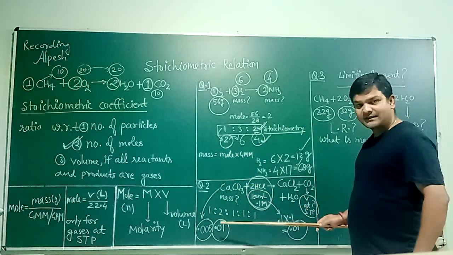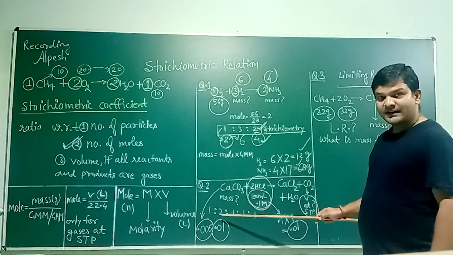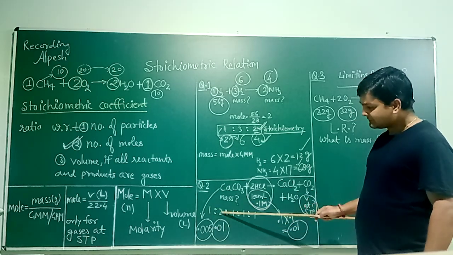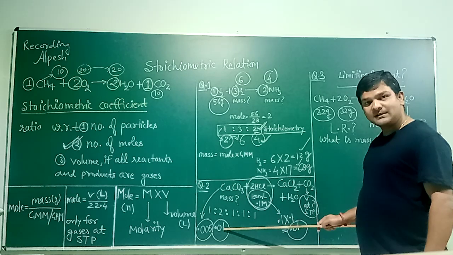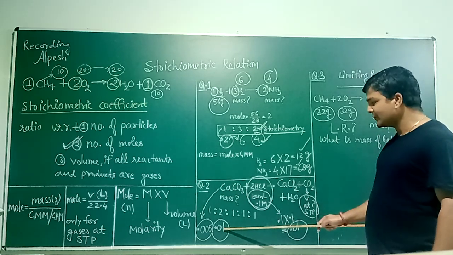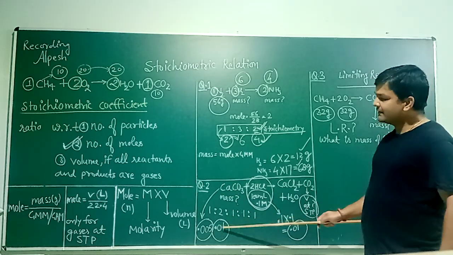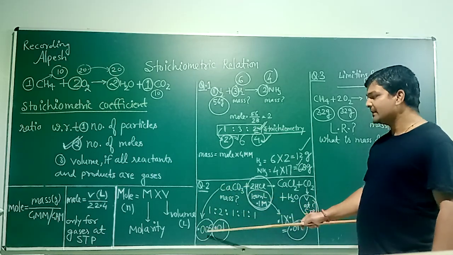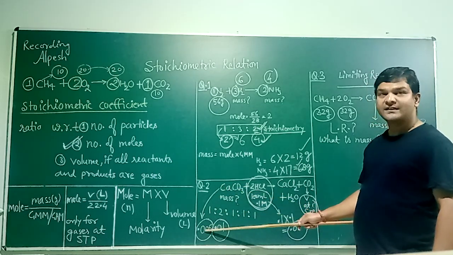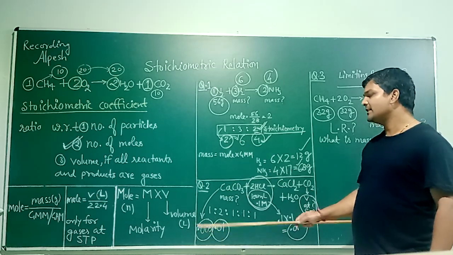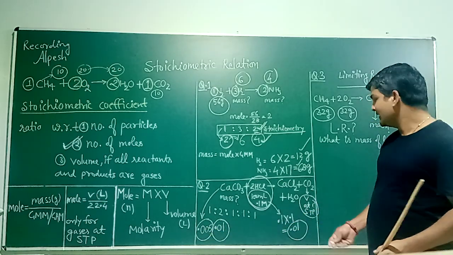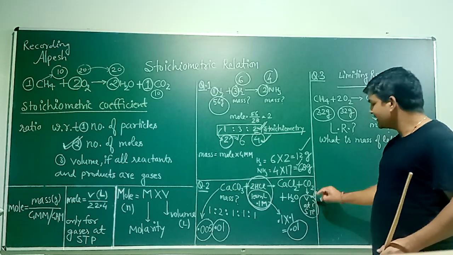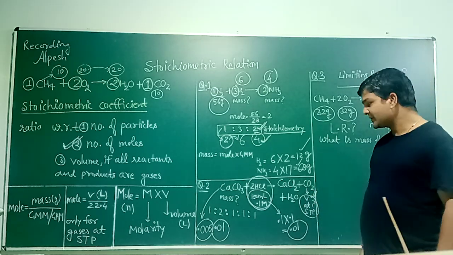How I calculated? Just look at here once again. The ratio is 2:1. It means the number of moles of HCl is 0.01, which we calculated here. The moles of calcium carbonate will be just half. It means 0.01 divided by 2. It is 0.005. Similarly, second quantity we need to calculate for carbon dioxide.